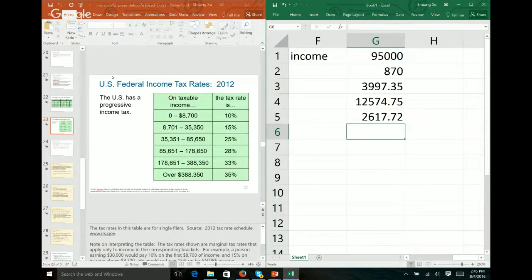So it's 2,017.72, and then the total tax you paid is the total between all four levels. So the total tax this person pays is going to be 20,059.82.